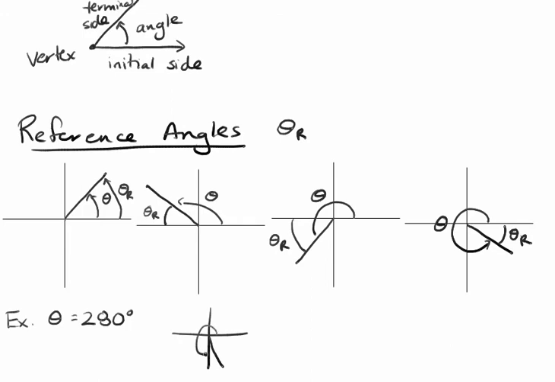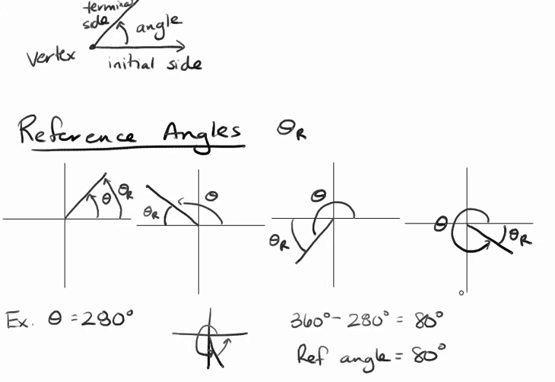So this is 280 degrees. We need to figure out how we would get up to our x-axis. If this is at 280, then we need to get from 280 up to 360. So 360 degrees minus 280 degrees gives us 80 degrees. So our reference angle is 80 degrees.